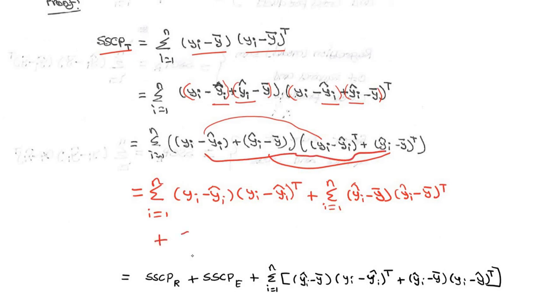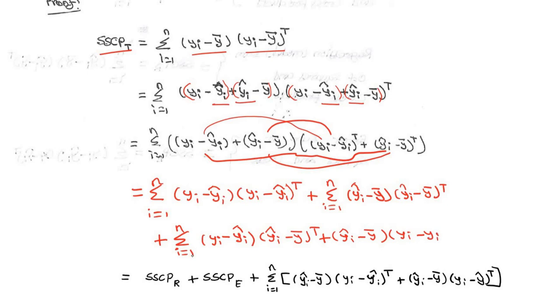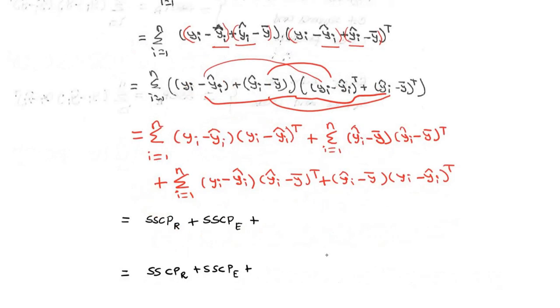This term is multiplied with the third term. Then we get plus summation i equal to 1 to n (yi minus yi cap) multiplied with (yi cap minus y bar) transpose, and plus one more term which is missing here. Next, this term is multiplied with this term. We get plus (yi cap minus y bar) multiplied with (yi minus yi cap) transpose. Now look at this term.